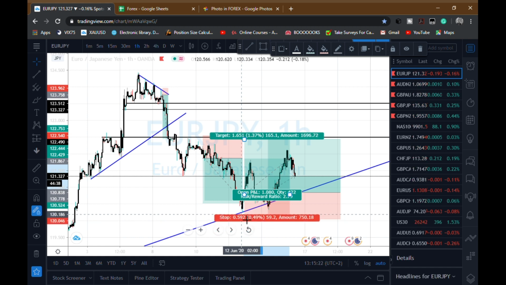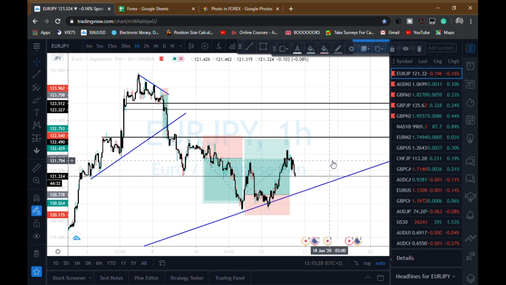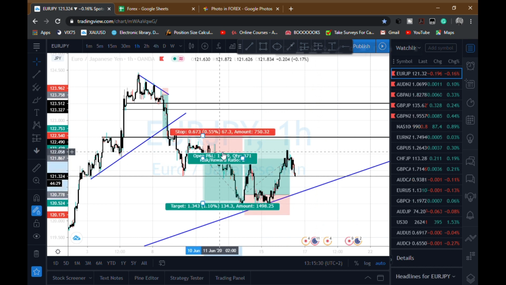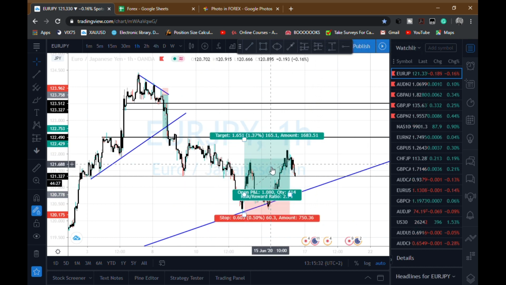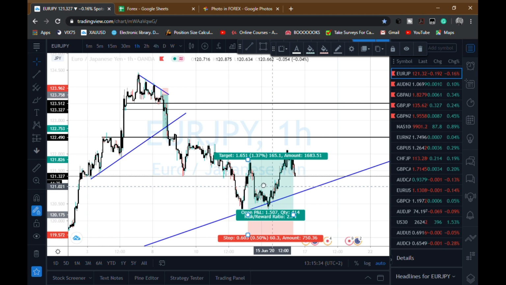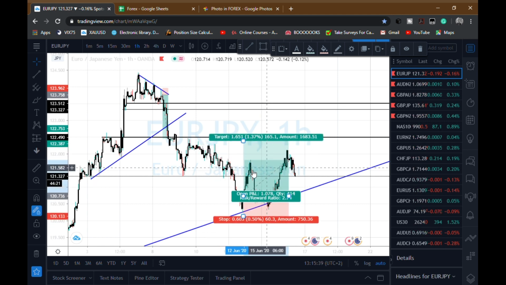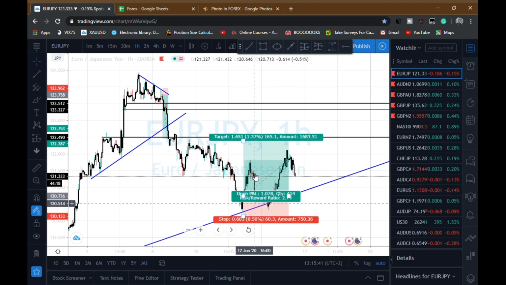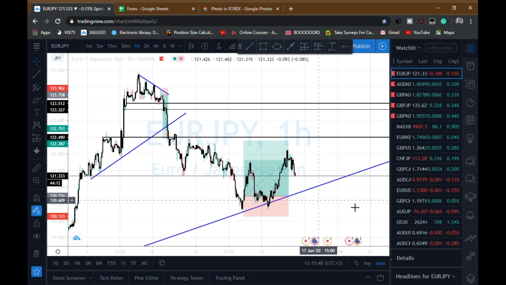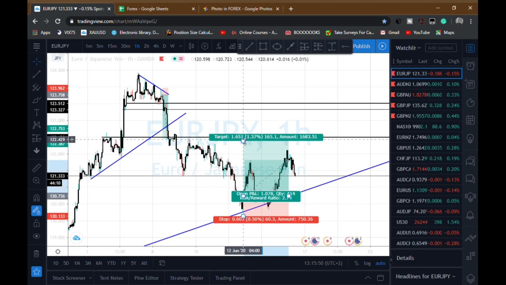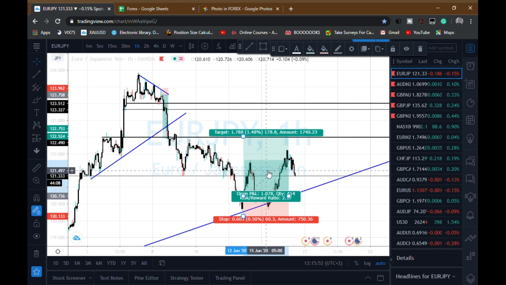Let me rub off this trade first. So had I been watching, I was gonna enter right here, put my stop loss below and aim here, at least a risk reward ratio of 2:1. So this trade would have been running right now.